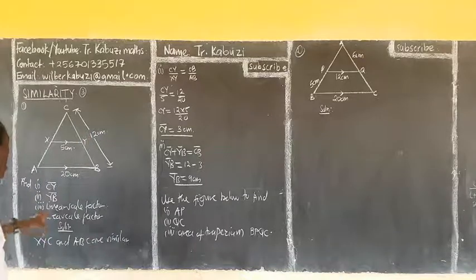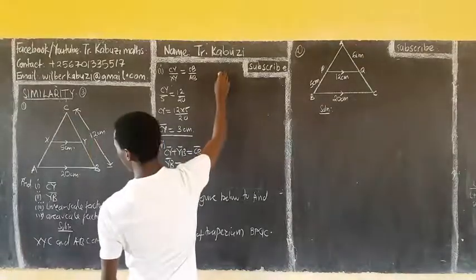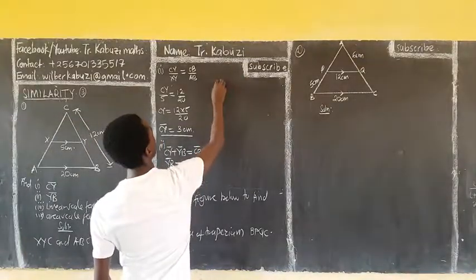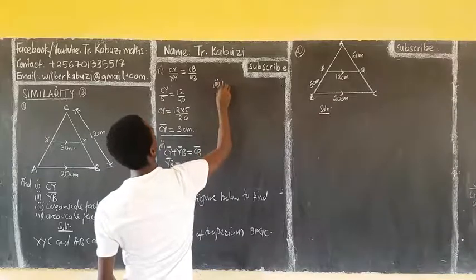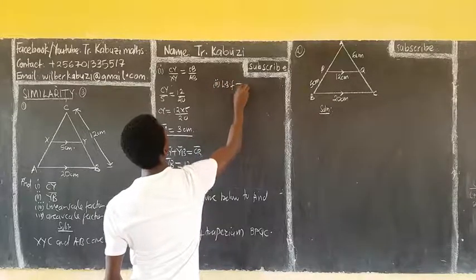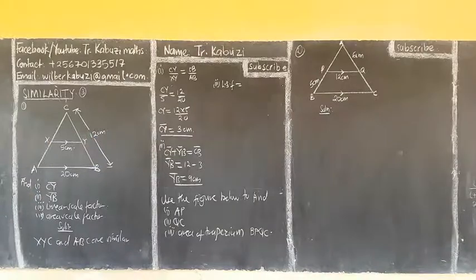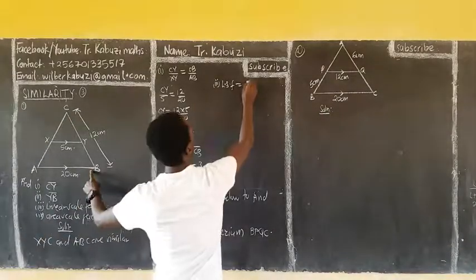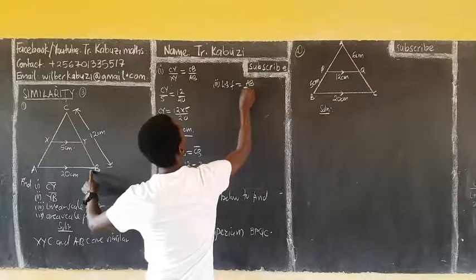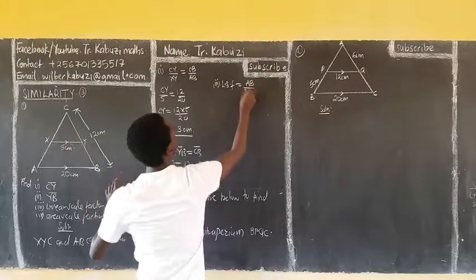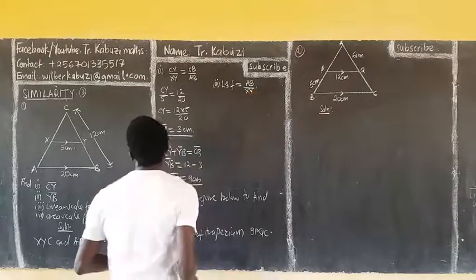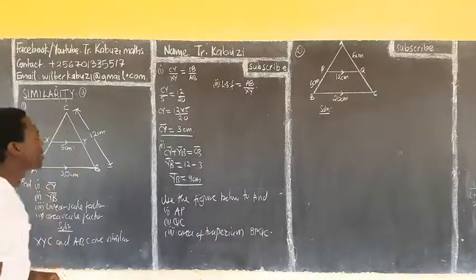Now number 3, I want the linear scale factor. We get the big over the small, so it will be AB, the big line, over XY, the smaller line.